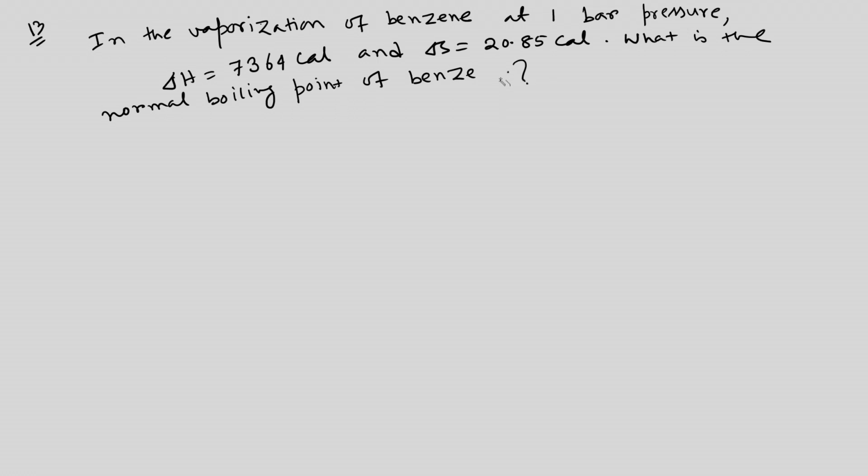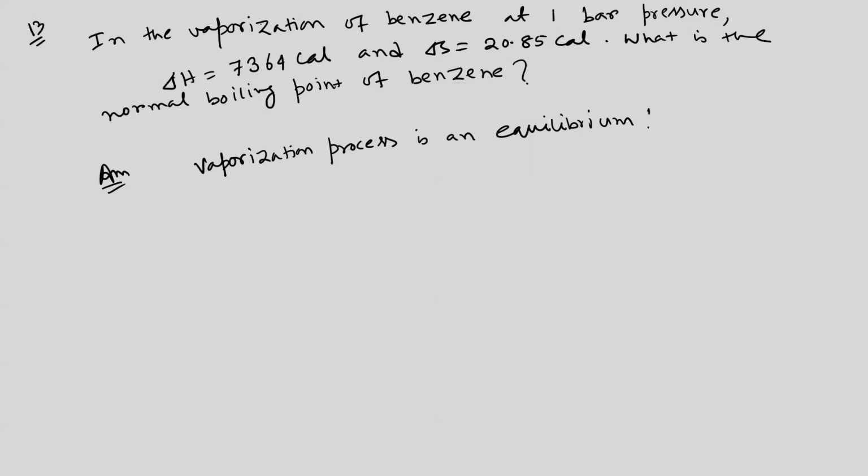So, this problem says the heat of vaporization of benzene at 1 bar pressure, delta H, is 7364 calorie and delta S is 20.85 calorie. What is the normal boiling point of benzene? So, the vaporization process is an equilibrium process, and during vaporization there is no change in the temperature.